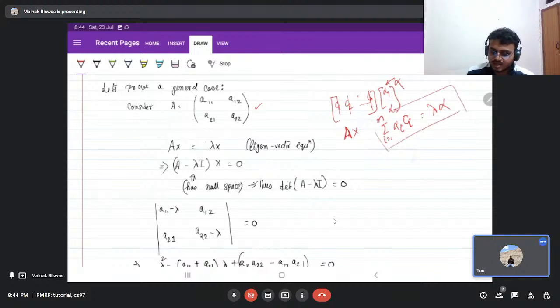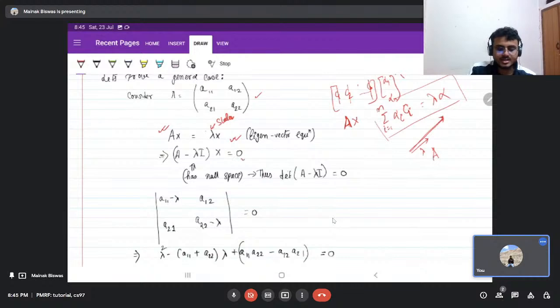You have this vector, you operate on it with the matrix A, and after you operate, it remains in the same direction, scaled by lambda. So A times the vector gives you some scalar lambda times the vector again. This is the eigenvalue equation, a basic thing we all know about.